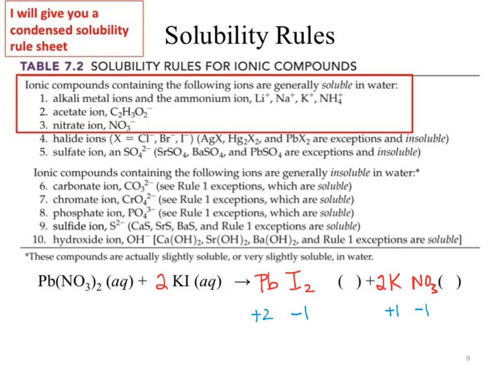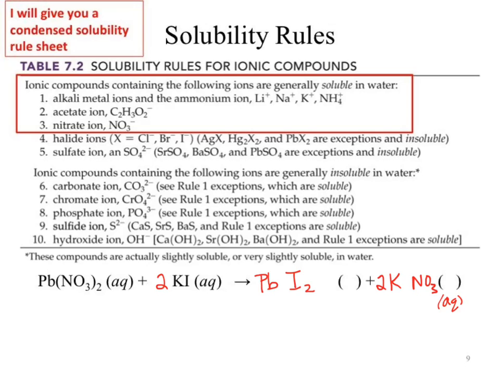Potassium nitrate. What do we expect? Should be aqueous. Why should it be aqueous? Go through and use your rules. We're looking at potassium and nitrate. Both of those fall under those memorization rules of aqueous. What happens with our lead iodide? We'd have to find our iodide ion, which is going to fall under Rule 4.